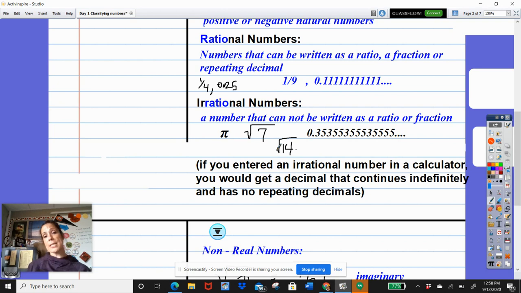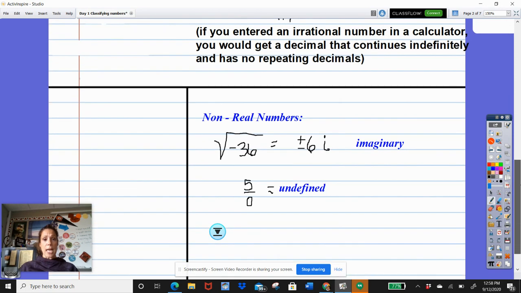All of these are considered real numbers, and that's what we are technically studying right now. However, there is such a thing as non-real numbers. I'm just going to touch on it a bit because we talk about it second semester. Non-real numbers are when you have two numbers that, when they multiply together, you get a negative.